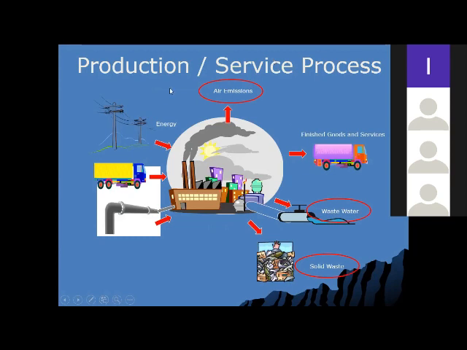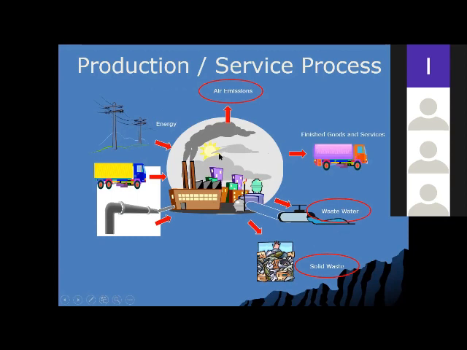Now we see the present production is like this. We put energy into the system, we put the raw material into the system, we put maybe water into the system, and we have a production system here, and it emits air emissions, polluted water, wastewater, and solid waste.